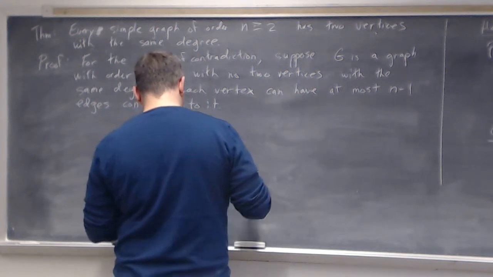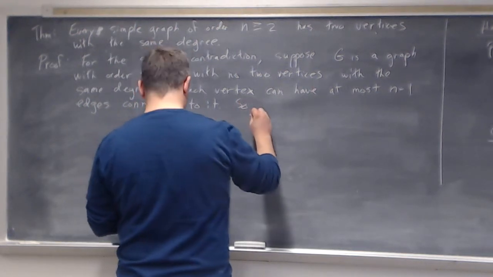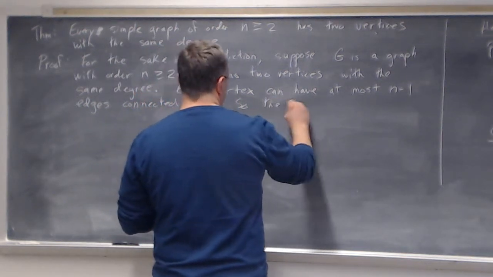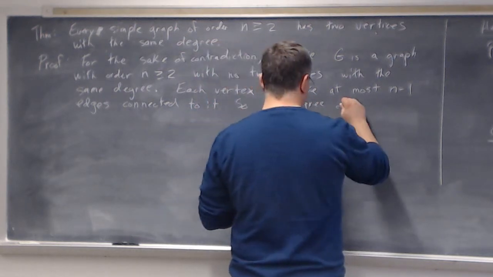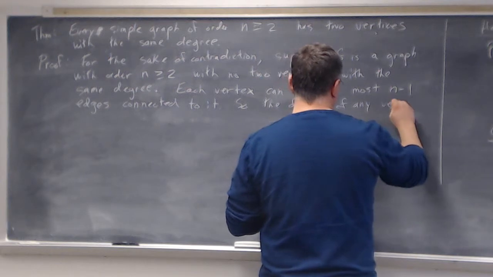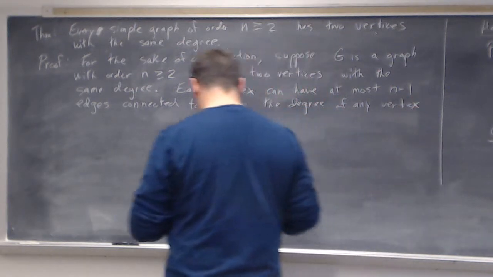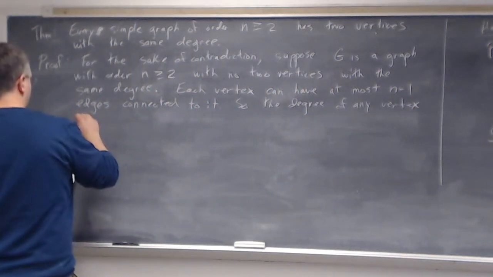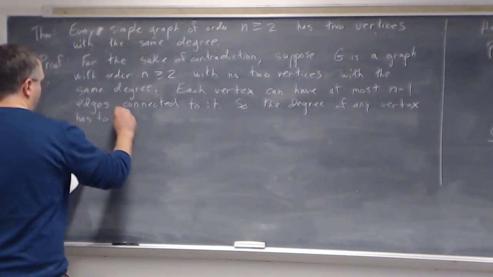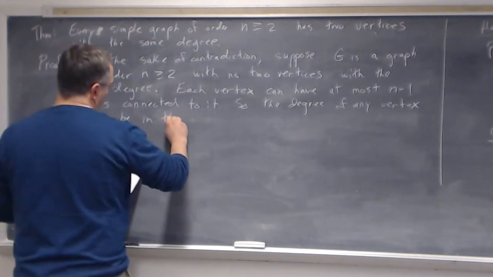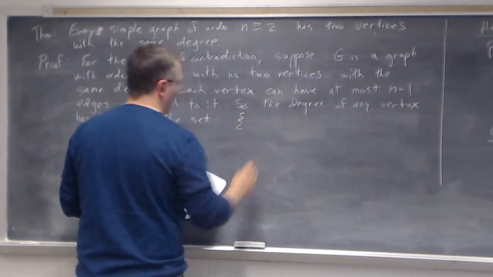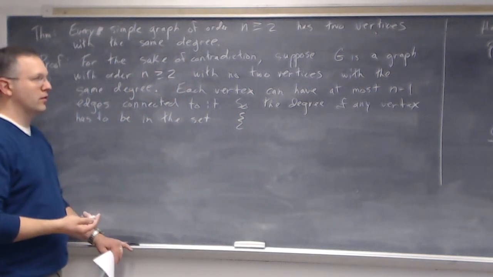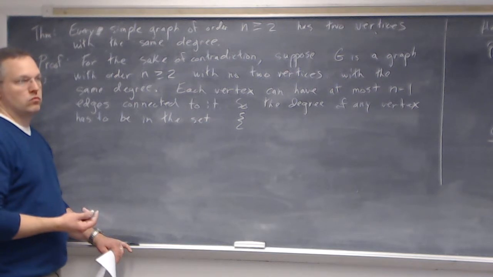Okay. So the degree of any vertex has to be in the set. Well, what's the smallest the degree can be for a vertex? 0.